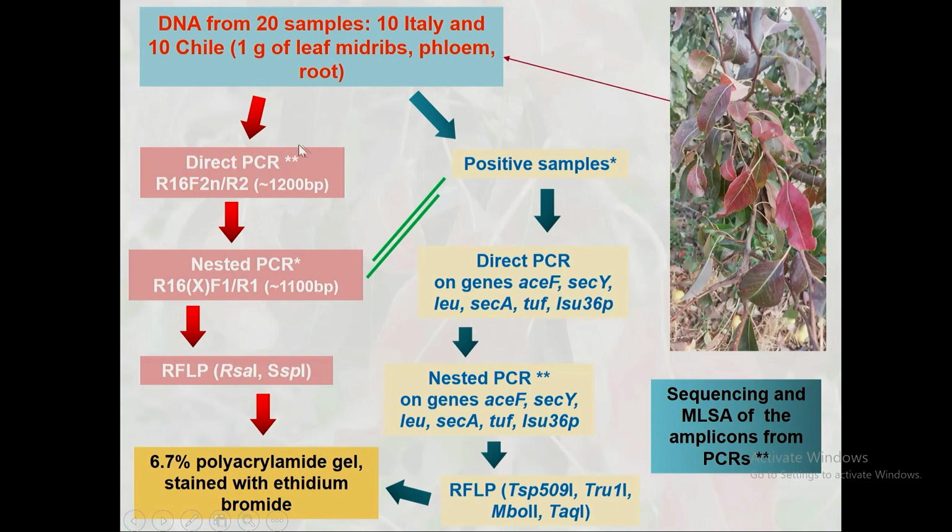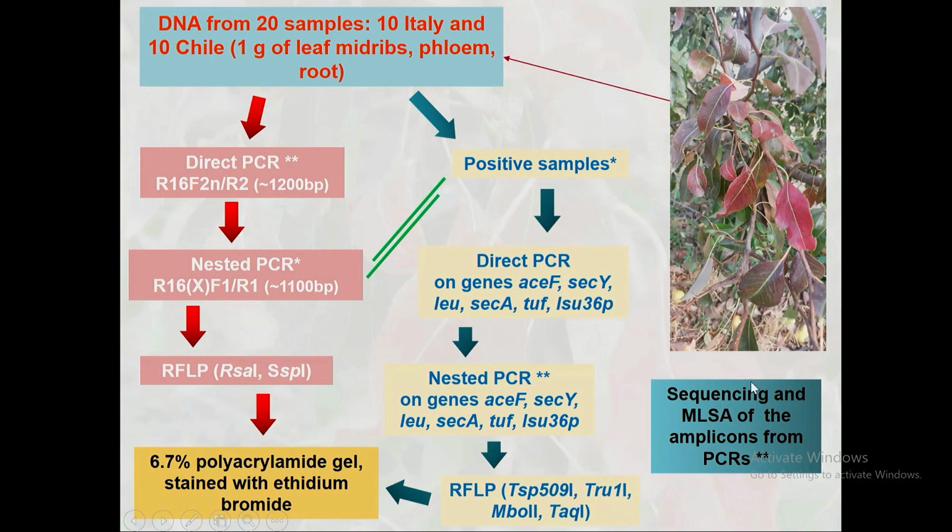The positive samples were analyzed for different other genes, the most important, the most used in this case, or the most present in GenBank too. By nested PCR, we realized RFLP with the other 4 genes.